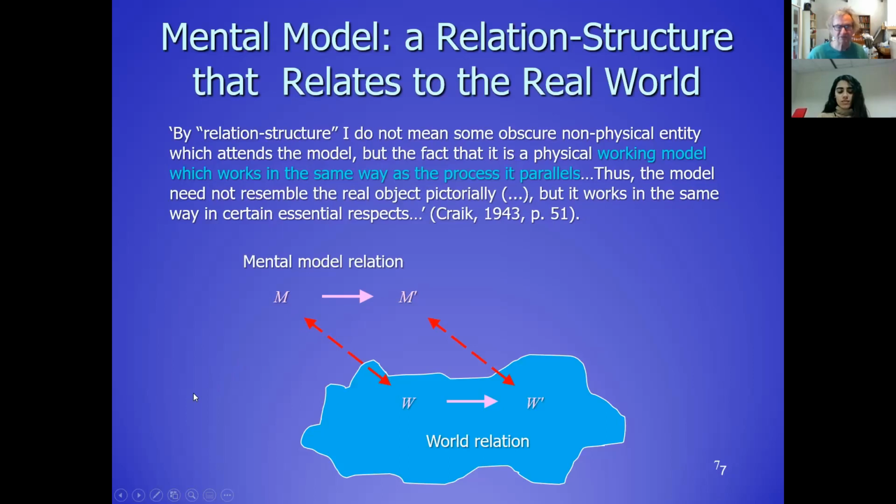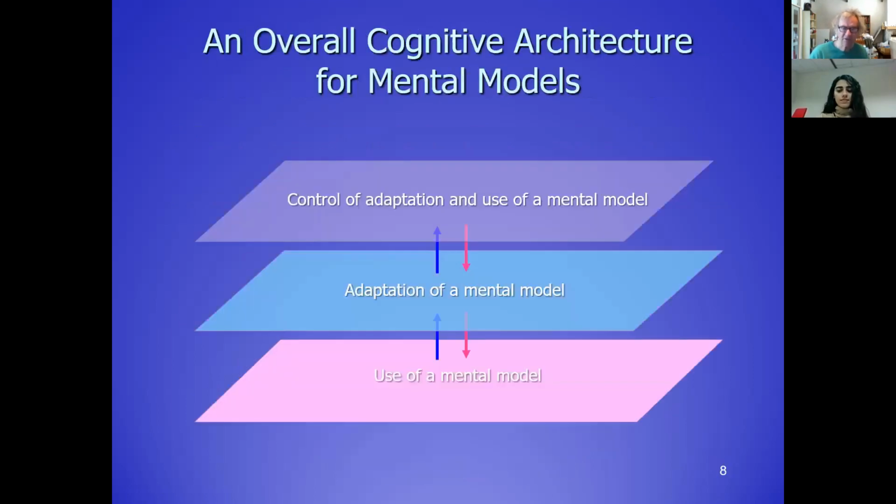So that's the idea of a mental model. So that's a relation structure. So just like nodes and arrows, you can say causal influences, like in the world, can also be found and used there to describe processes in the world. So that's the idea of mental models.